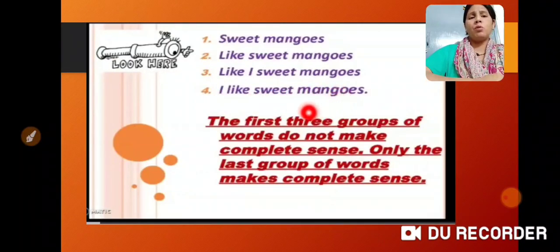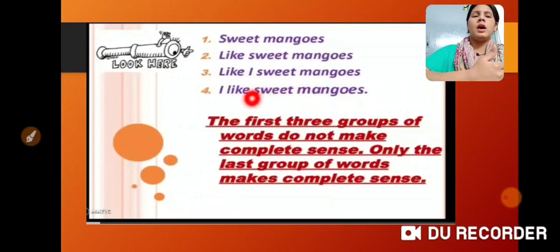Now children, have you noticed that the first three groups of words do not make any complete sense. Only the last group of words, that is I like sweet mangoes, makes a complete sense.